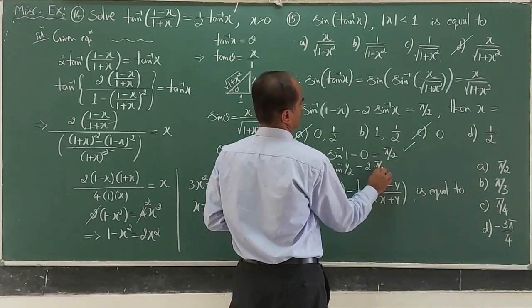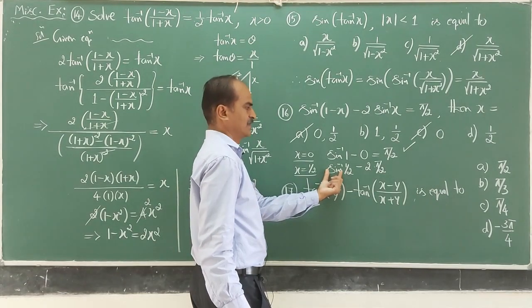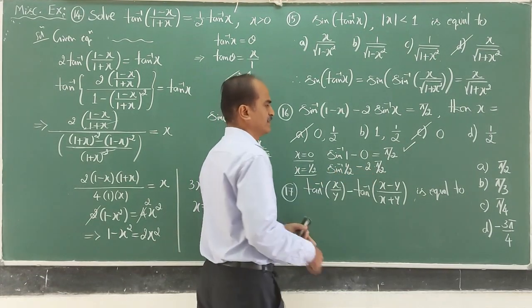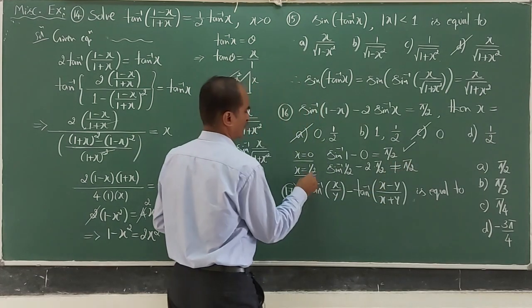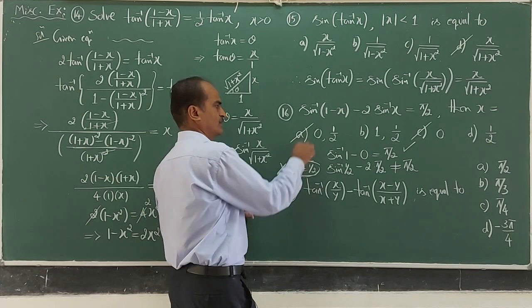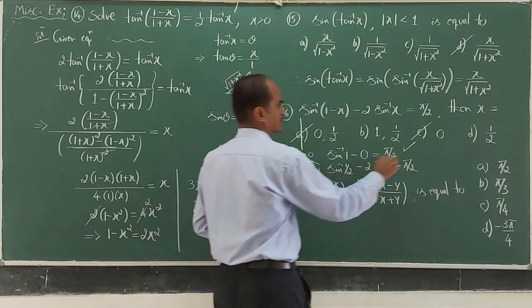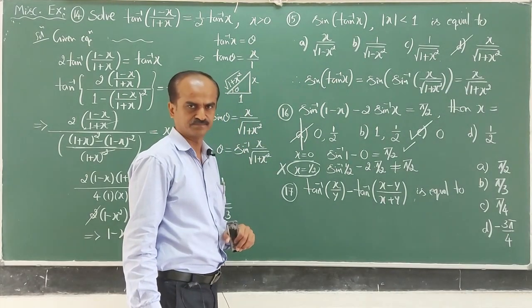How much is it? Pi by 2. Sine inverse of 1 by 2 is pi by 6. Pi by 6 minus pi is not equal to pi by 2. Therefore, x equal to 1 by 2 is not satisfying. Therefore, option A cannot be the right answer. Strictly option C is the answer. Very simple question.